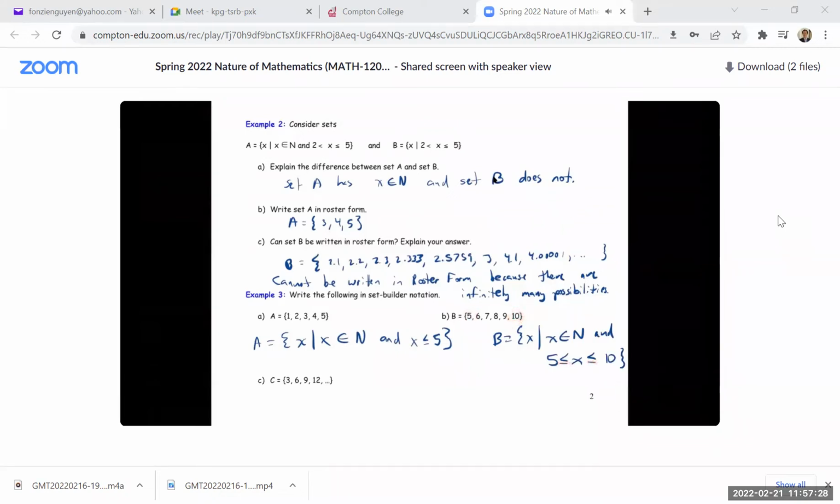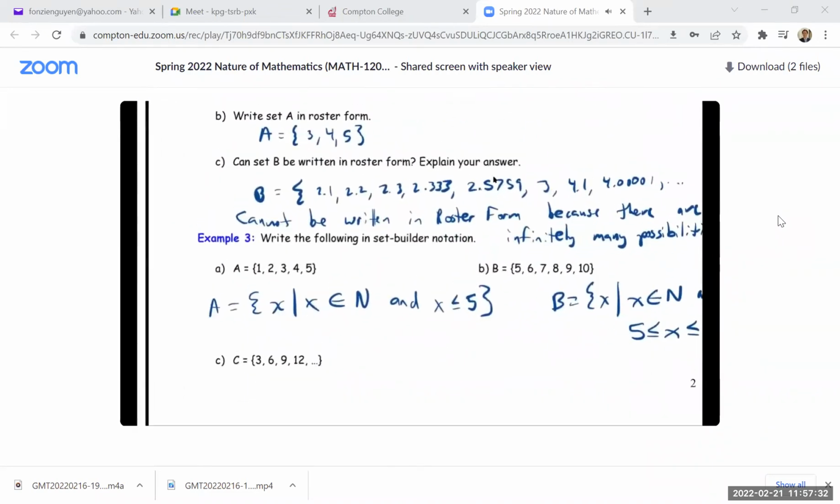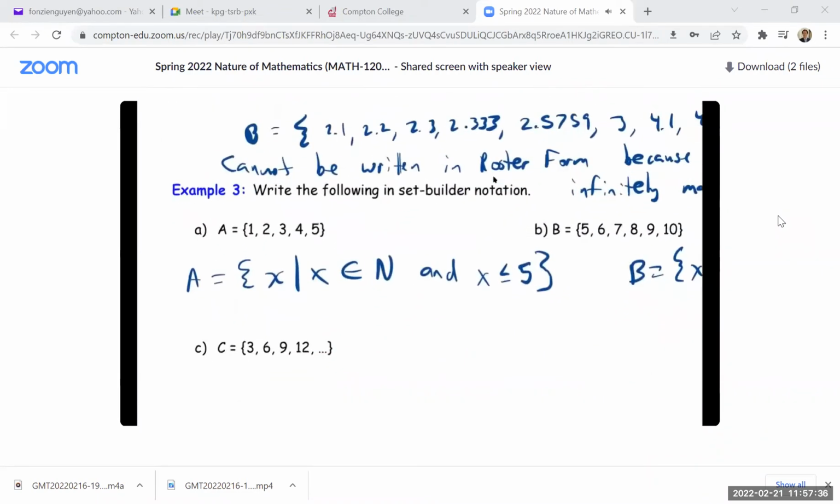All right, very good. The last one, notice it has dot, dot, dot. That means it continues forever. So this one's an infinite set. Let's see if we can write this: the set of all x such that x is a natural number, and what do you notice about these numbers?